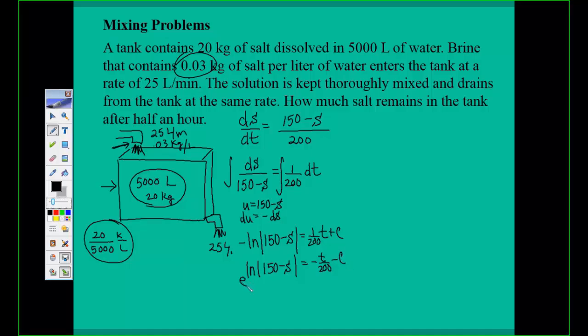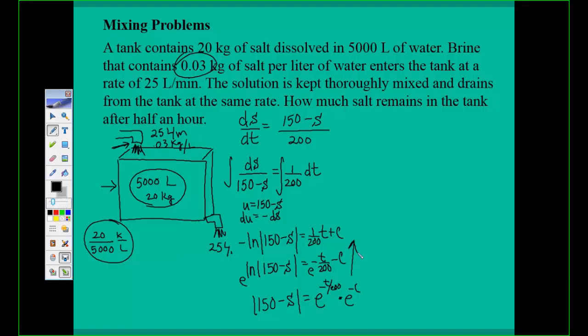Raising each side to the base e, we would have the absolute value of 150 minus S equals e to the negative t over 200 times e to the negative C. Now let's move up here.